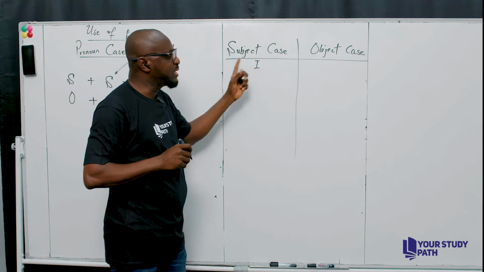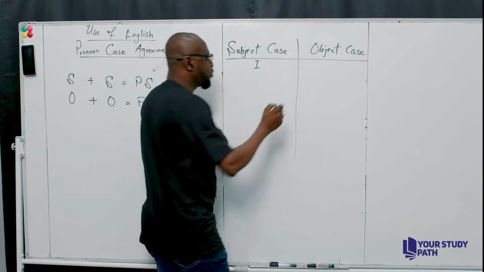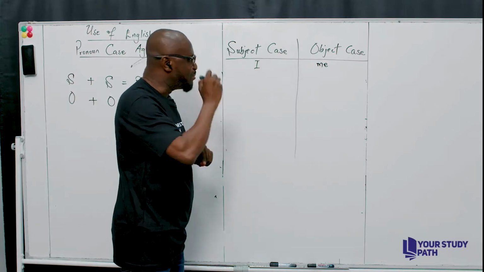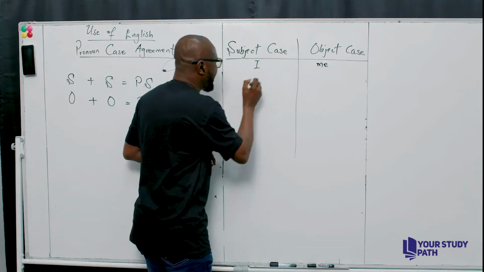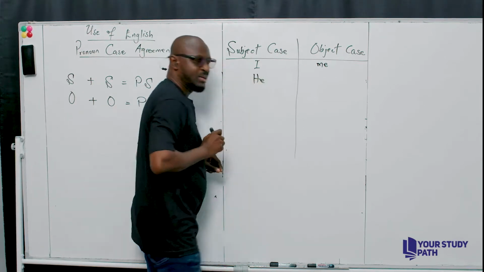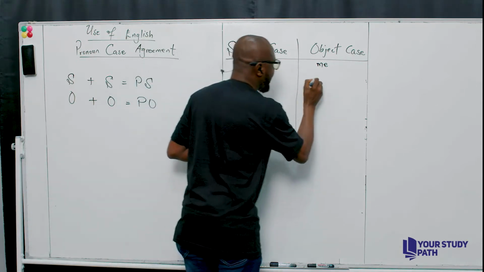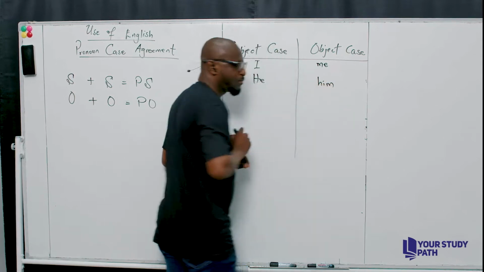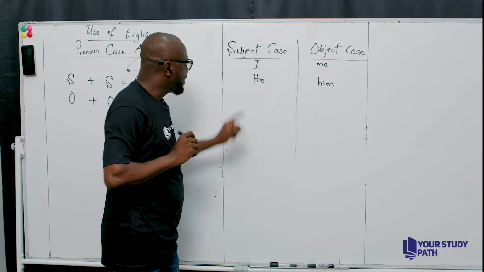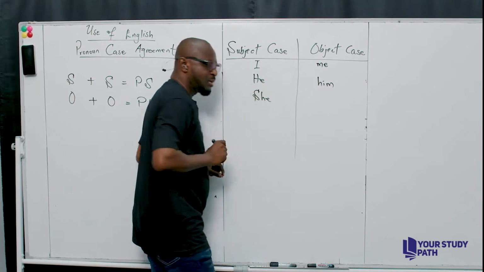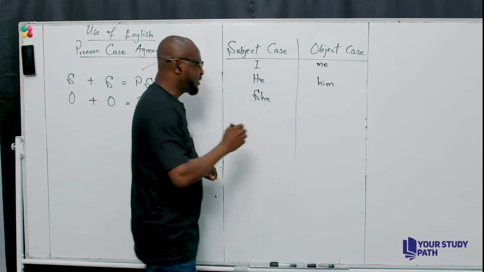The corresponding object case of "I" is what? "Me." I move to the next one, and that's "he." The corresponding object case of "he" is what? "Him." Then the third one, I have "she." The corresponding one for "she" is what? "Her."